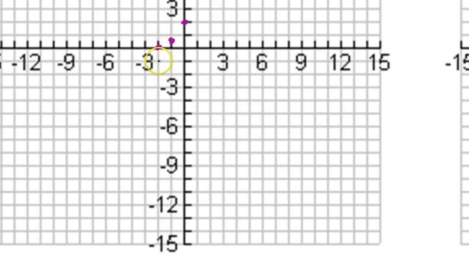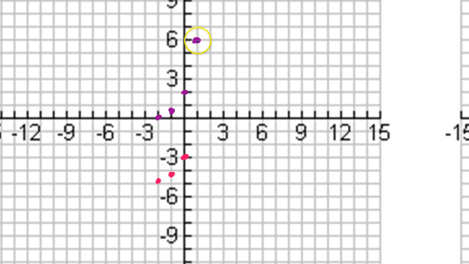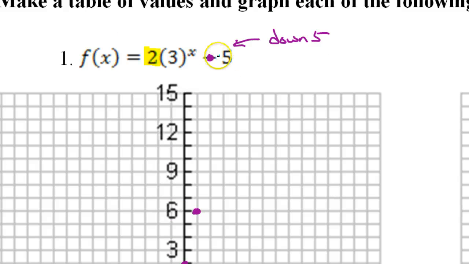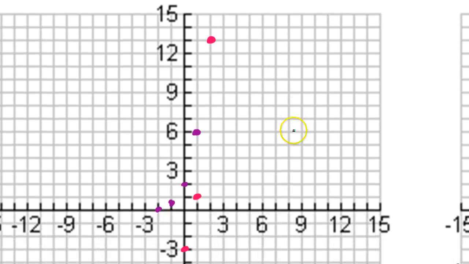So if I move this down 5, 1, 2, 3, 4, 5, it's going to be like right here. And then if I move this down 5, there you go. And if this is down 5, okay, down 5, and last but not least, down 5, because this was at 18, so that's 3 above, so that's 3 and then 2 more. Okay.